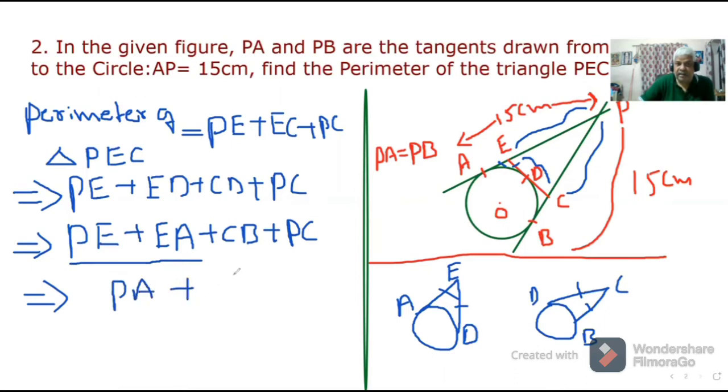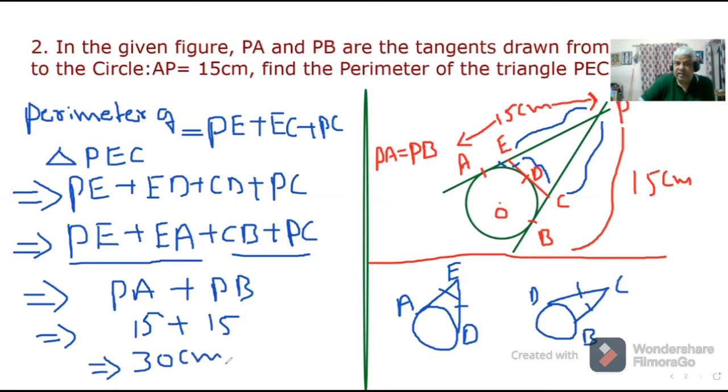In the same way, CB plus PC can be written as PB. Therefore, PA we know is equal to 15 centimeter. PB is also equal to 15 centimeter. Therefore, 15 plus 15 we get 30 centimeter as the perimeter of the triangle PEC.